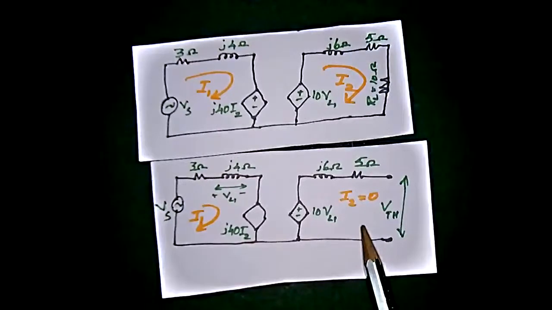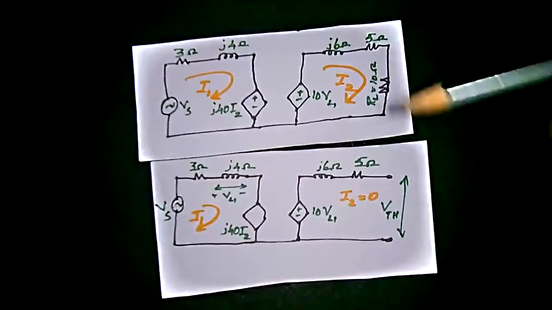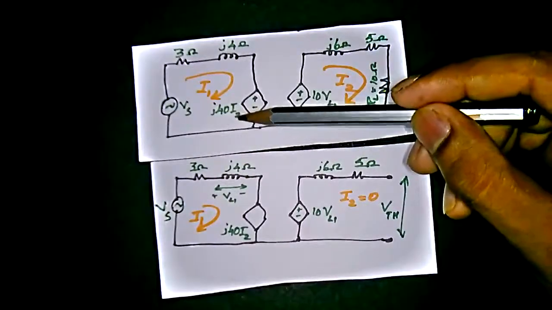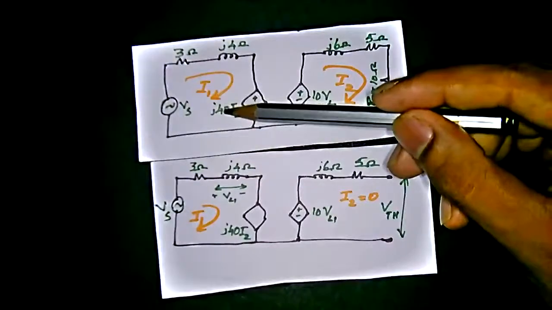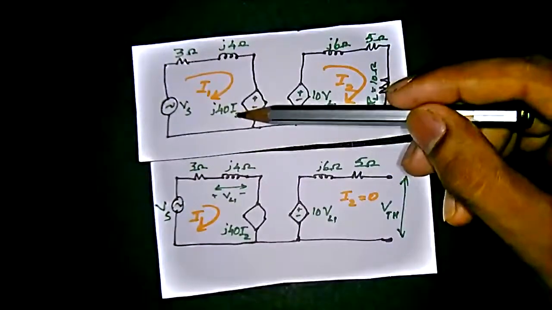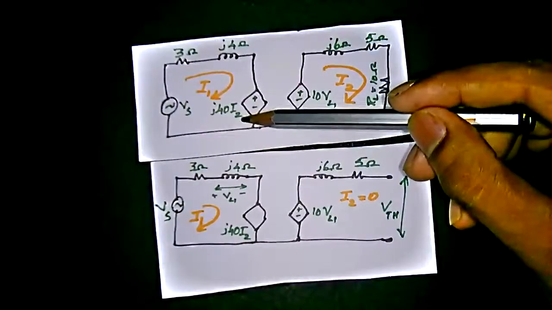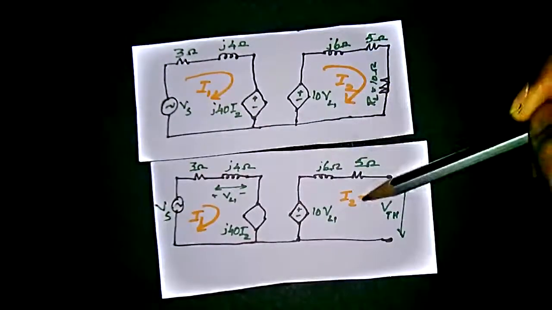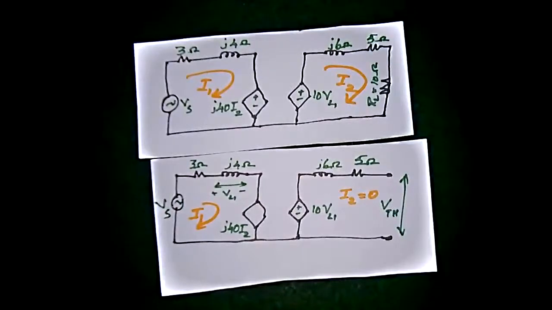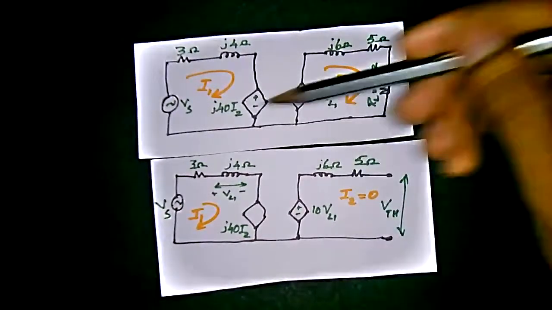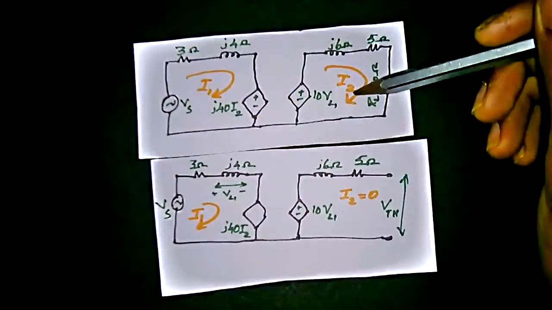So I2 equals 0. The dependent voltage source is j40 I2, so it is defined by the I2 value.